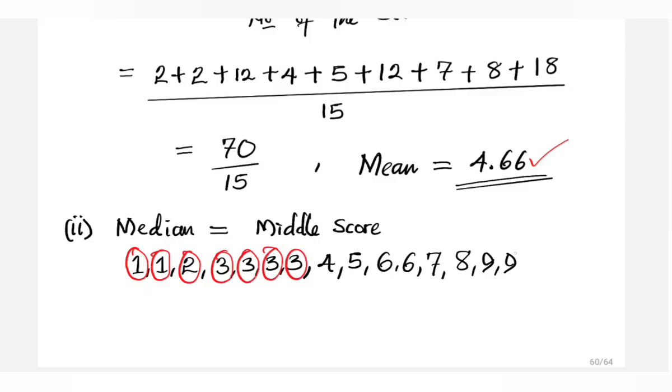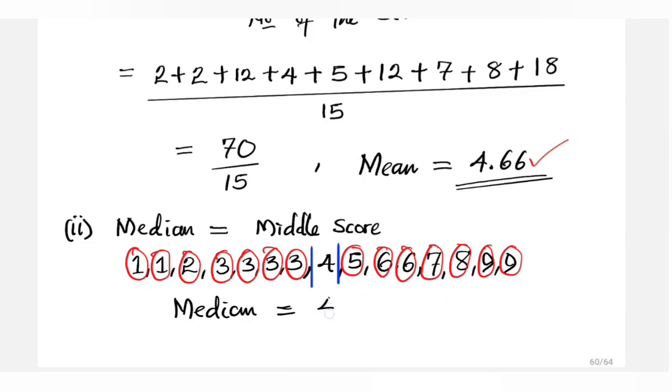Let's count from the right-hand side as well: 1, 2, 3, 4, 5, 6, 7. Hence the median is the middle value after the scores have been arranged. Therefore our median is 4, which is our correct and final answer.